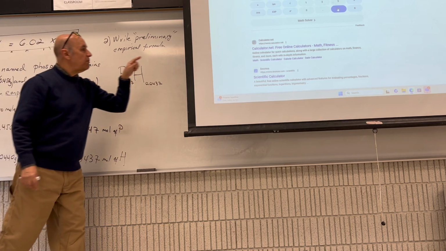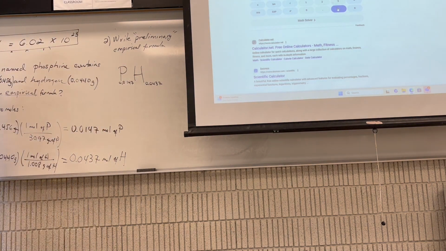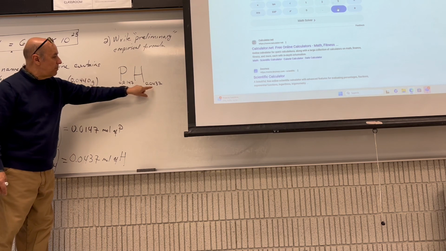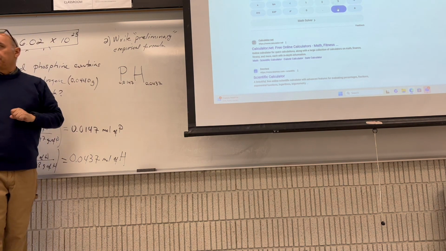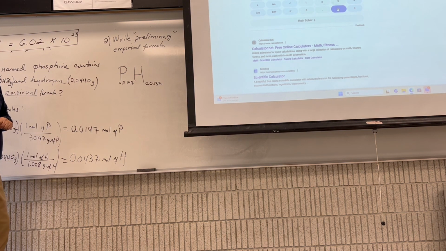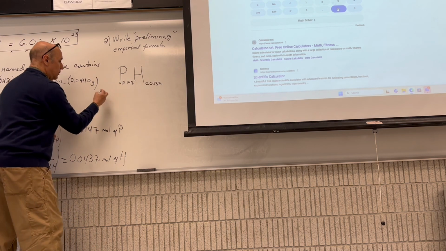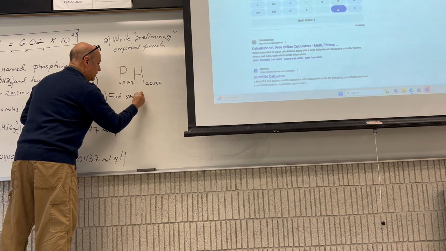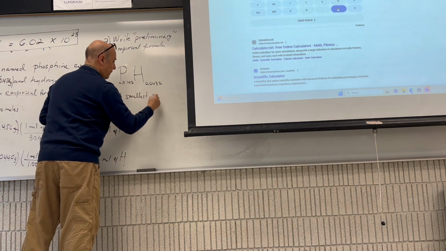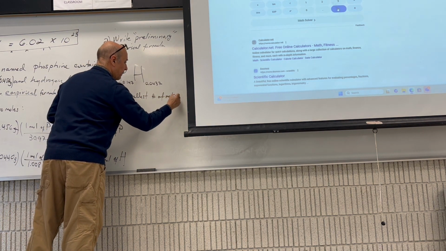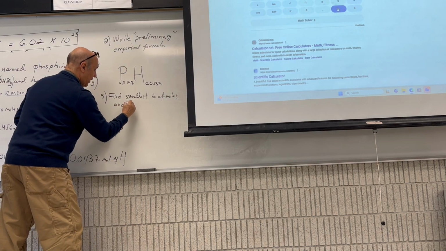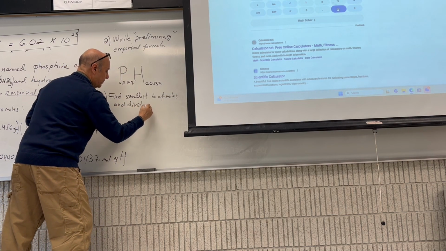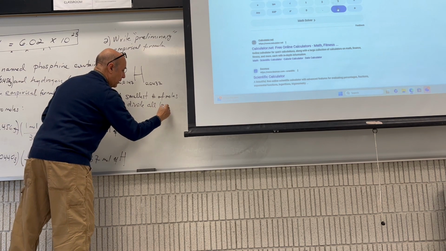If we do the same thing that we did for the iron and chlorine compound, we need to find the smaller number of the two. Which one of the two is smaller? 0.0147 is smaller. So step 3: find the smallest number of moles and divide all by this number.